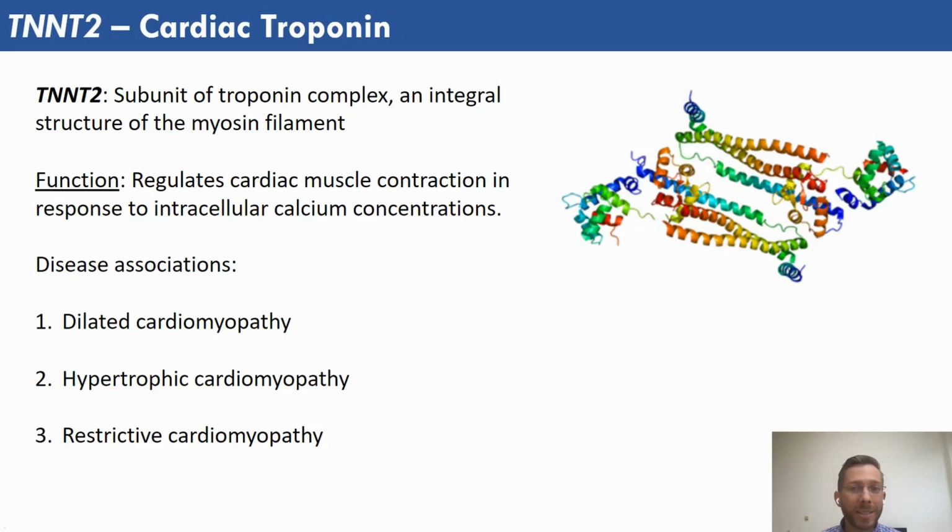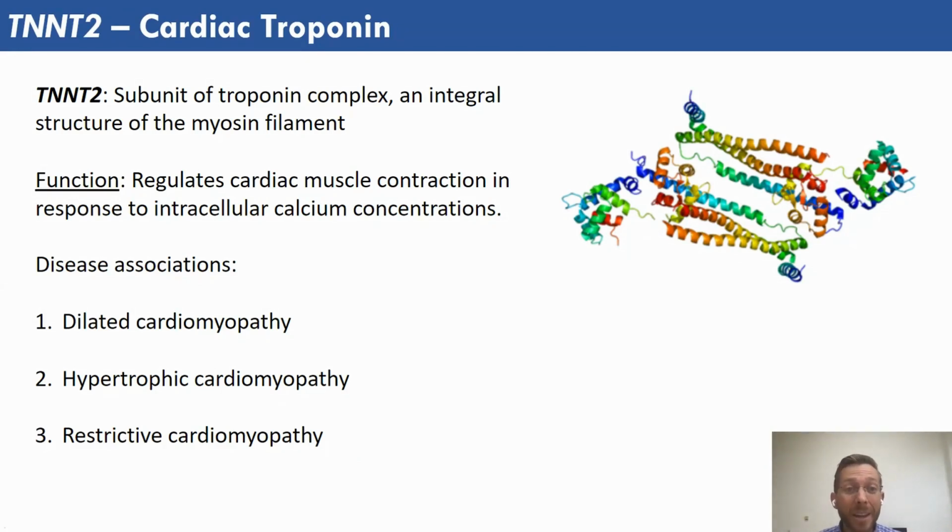Remember, the heart is squeezing and relaxing all day, every day. And when genes within the cardiac sarcomere become disrupted as a result of genetic variation, the function of the heart may not be as good as one would expect.